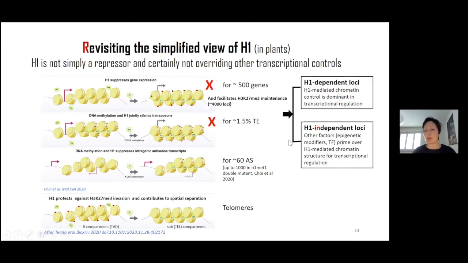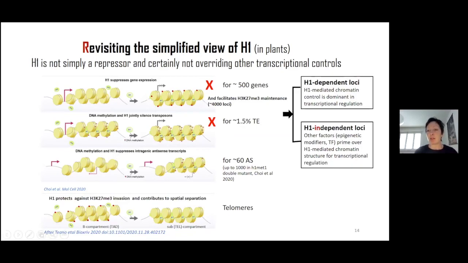So I'd like to show that actually H1 cannot be summarized under a single function. And there are definitely different parts of the genome which react differently to the presence of H1. We have what we can call H1 dependent loci, where the chromatin structure which is mediated by the presence of H1 will be acting as a dominant control over transcriptional regulation.